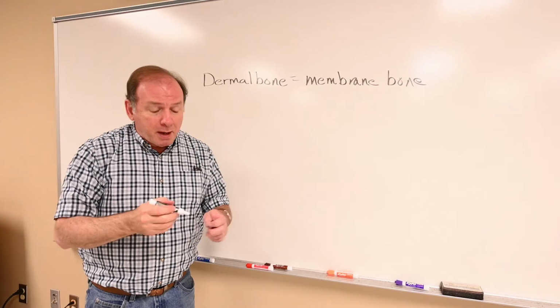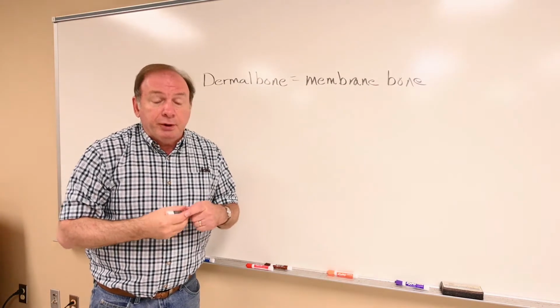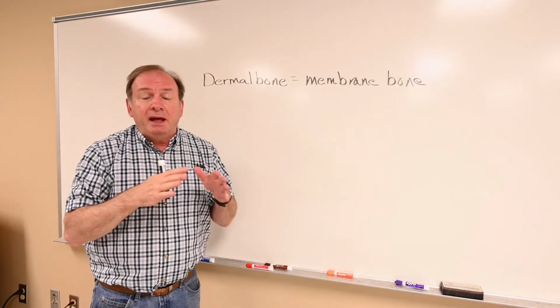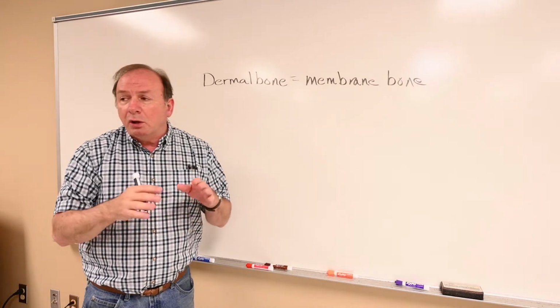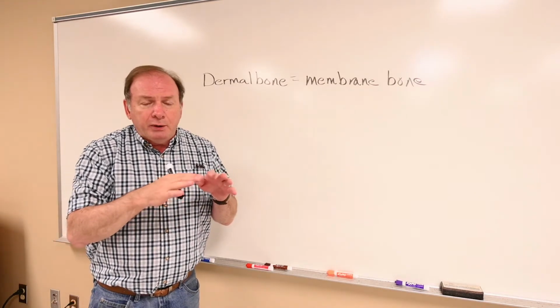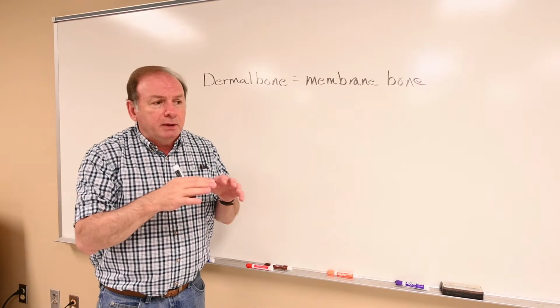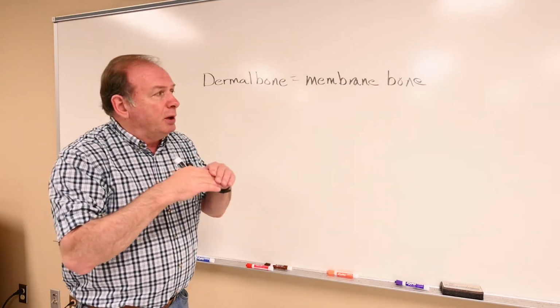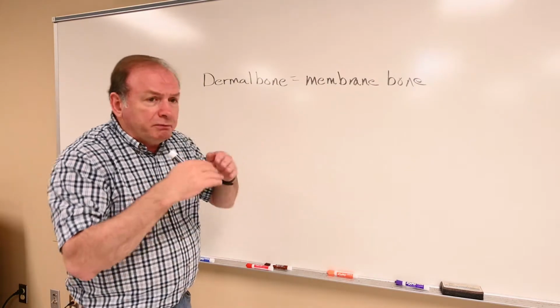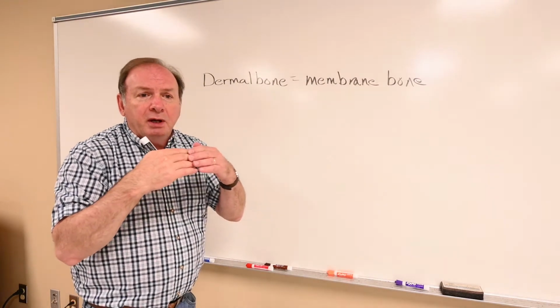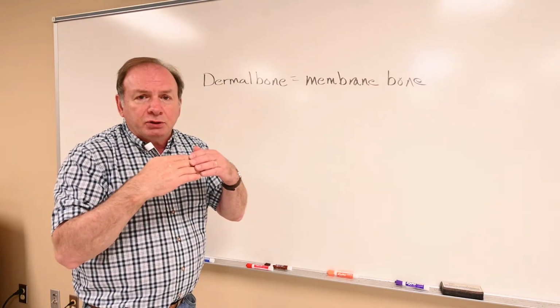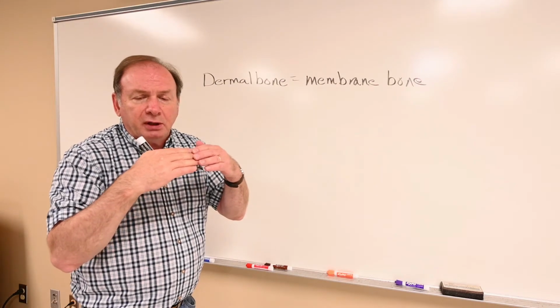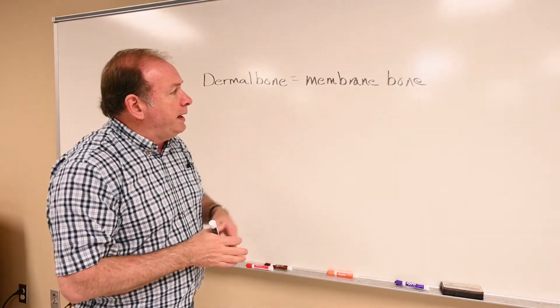We just talked about the dermal scales that form in the head of fish not too long ago. So we have that dermal bone element that we're familiar with, forming from those scales in the dermis. This kind of bone forms in the dermal layer from the connective tissues in the dermis, just starts to lay down bone in there, and we'll talk more about that in a minute.